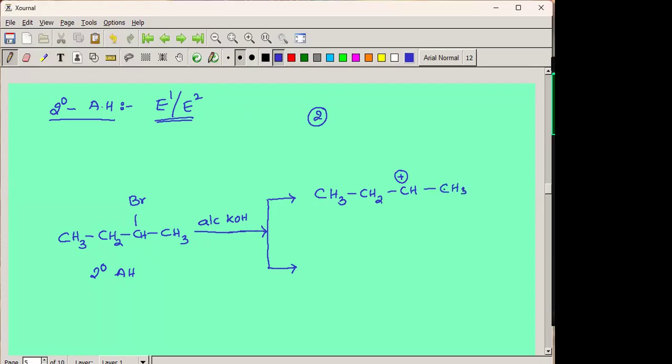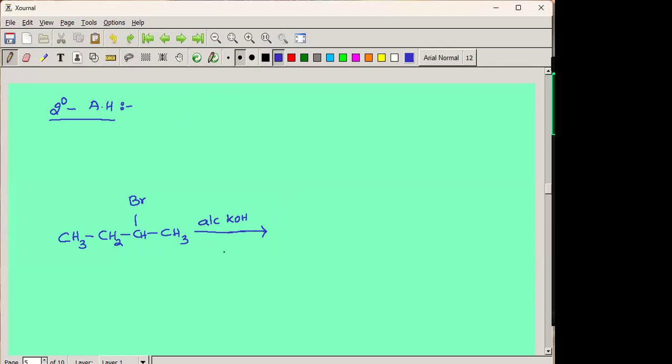So the number of products is 2. This is a secondary alkyl halide, and it proceeds through either an E1 or E2 elimination reaction.